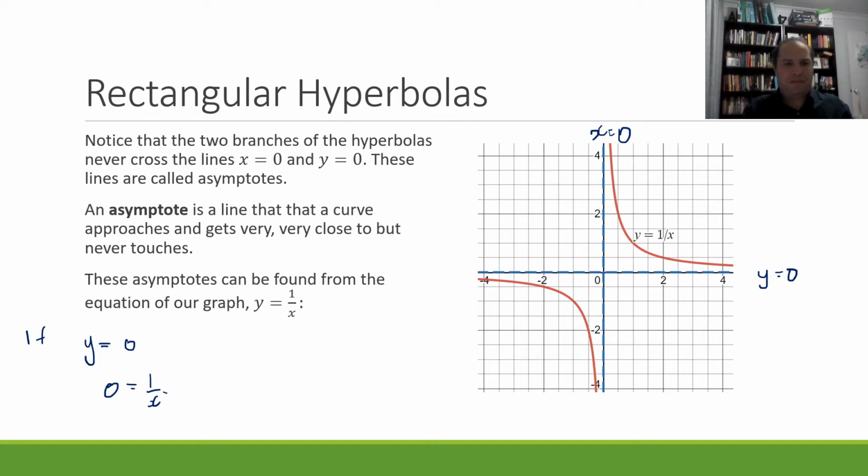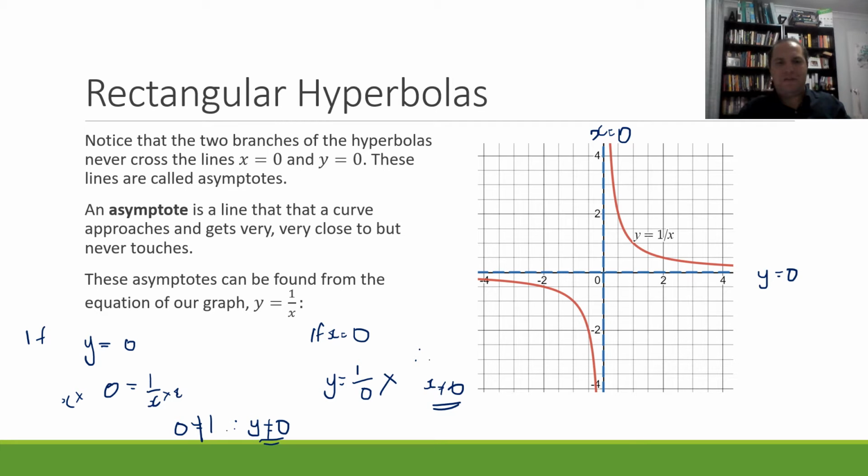Multiplying both sides by x, we end up with 0 equals 1. Now that's not true. That can't happen. 0 can't equal 1. So therefore, y cannot equal 0. By the same token, if x equals 0, we have y equals 1 over 0. We can't divide by 0. So therefore, x also cannot equal 0. So that's where the asymptotes come from.